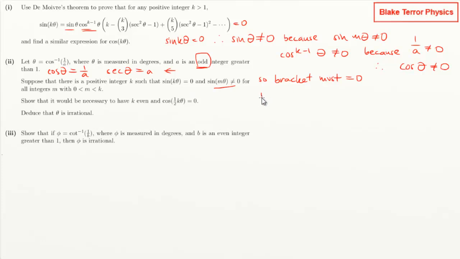As a is odd, sec squared theta minus 1 is even. Oh, well, that's probably going to be of more importance than before. So what is, and k is, oh dearie me. So I need to show that k has to be even.